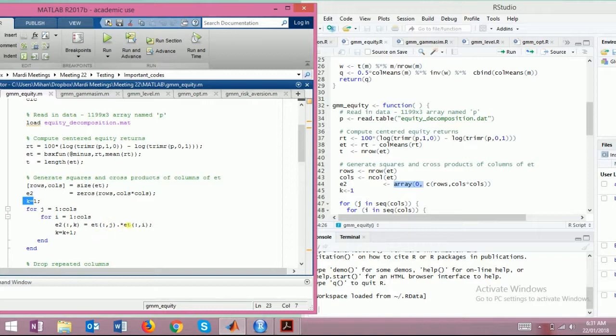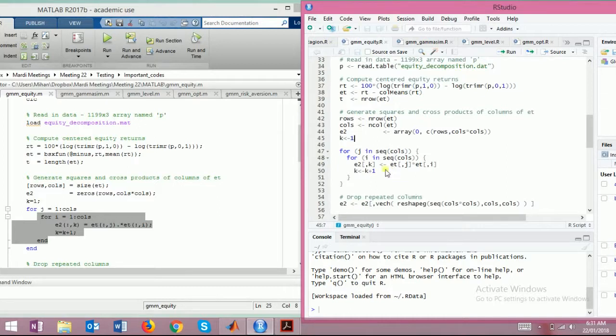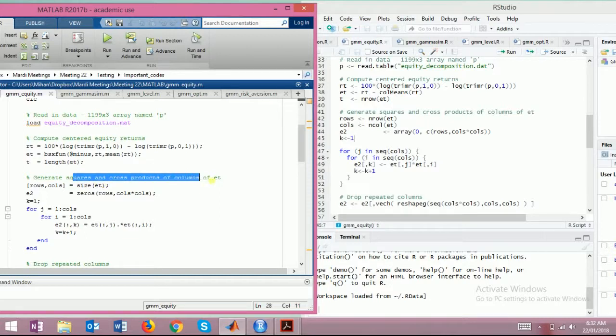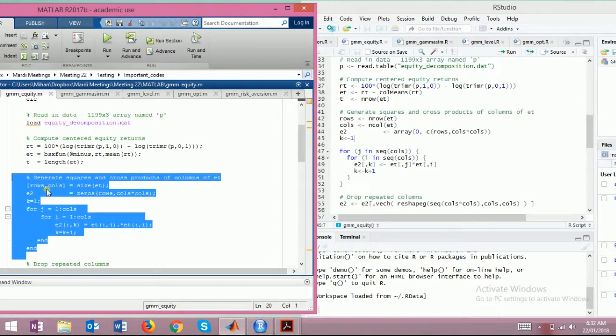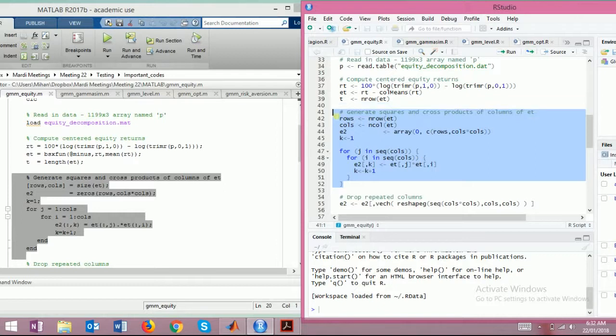In one column I want ET multiplied by ET squares, right? ET is all rows j and all rows i, basically same size. I'm just squaring ET and I'm adding k plus 1 every time, right? K equals k plus 1. That's all. Generate squares and cross products of columns of ET, very important.